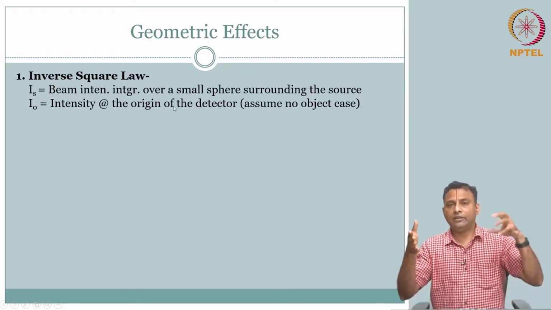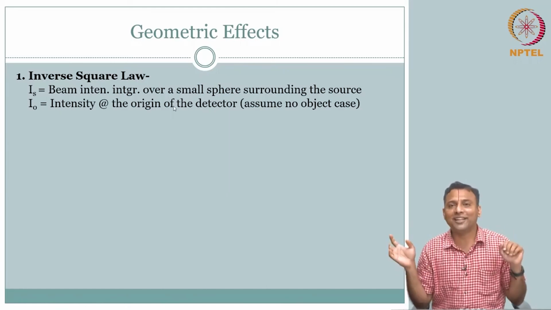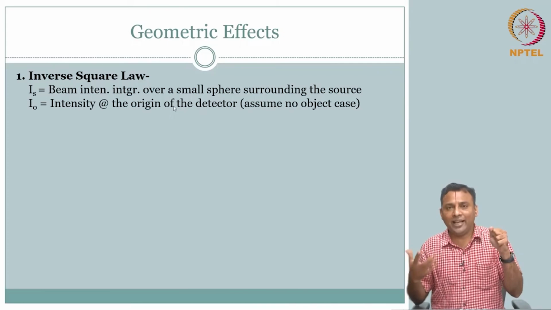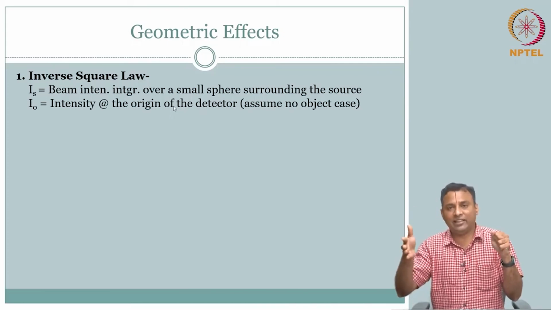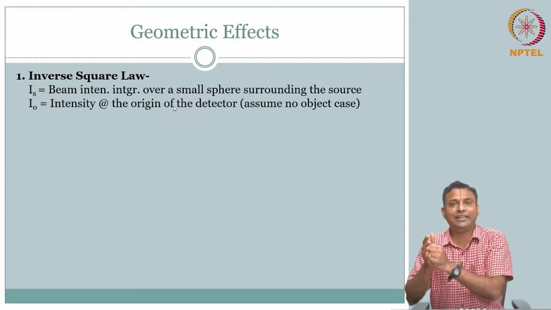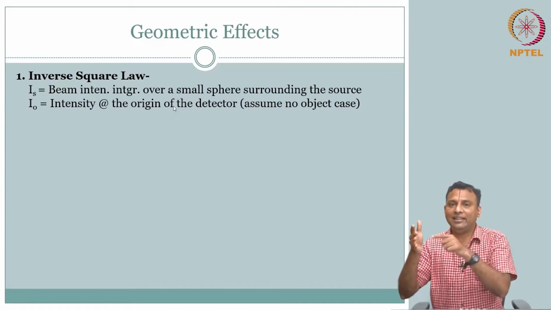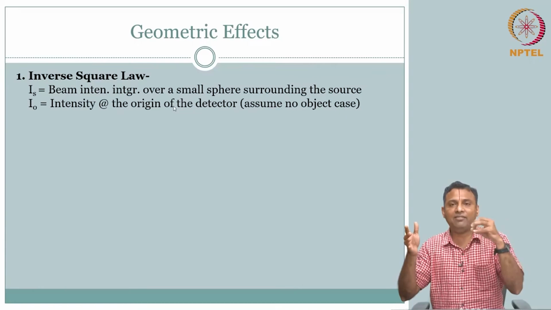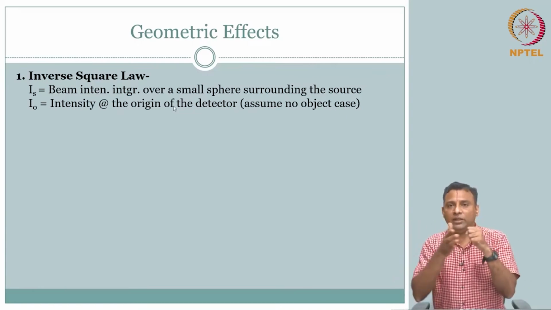Remember, I don't even have the object, just the geometry that I am worried about. I have a source, I don't have the object, I have a detector. What should happen? What is there at the source should be at the detector, but it is not. Only at the center you have one value, and as you move away from the center, because this is diverging, it changes depending on the distance.